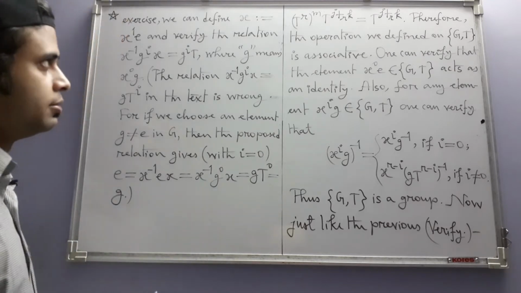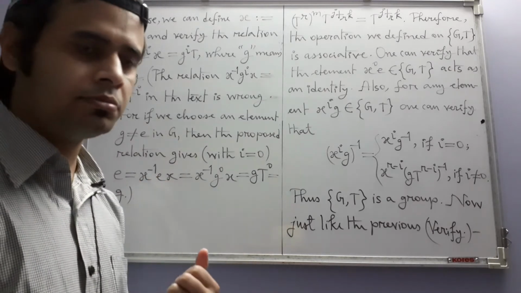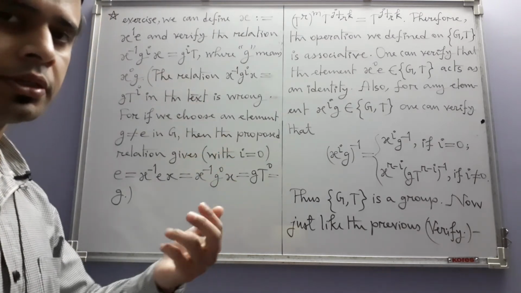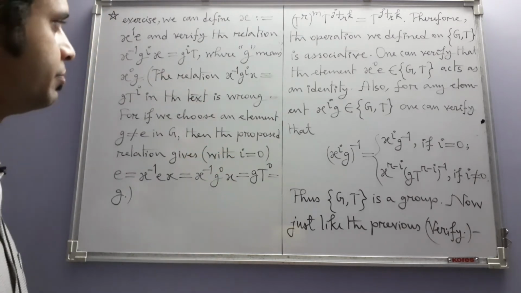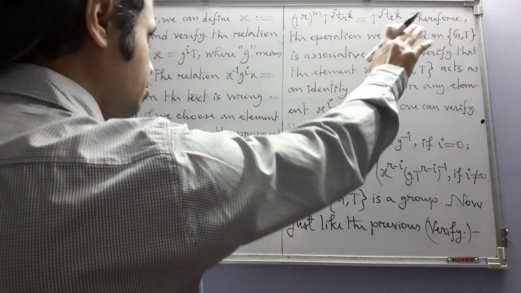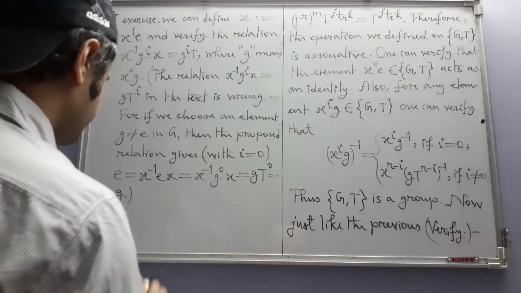So fine. We have got our group and one can verify this relation. Verification of this relation is left to you. And now we need to show that our group is non-abelian.